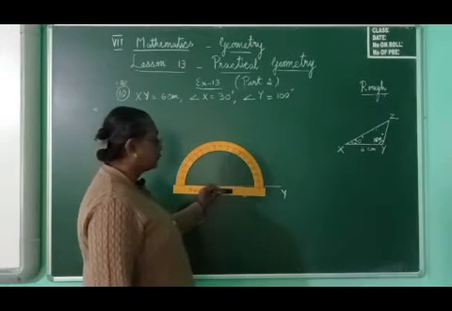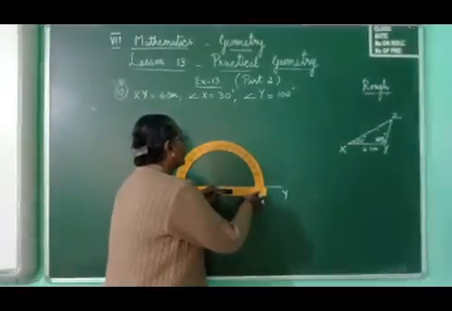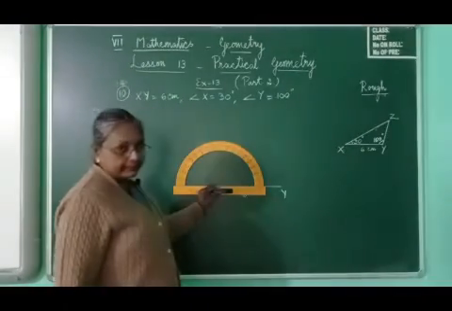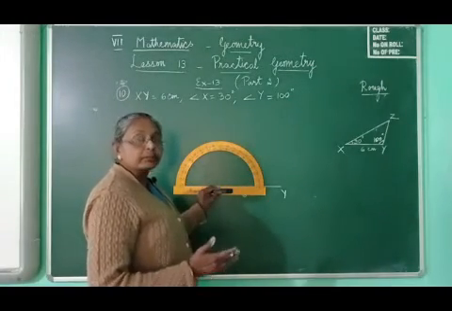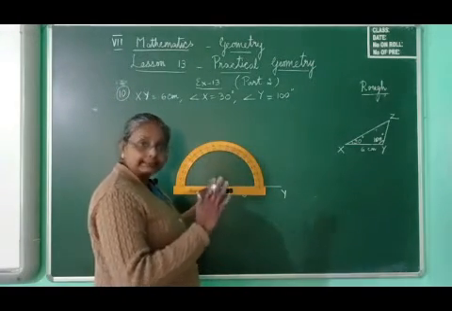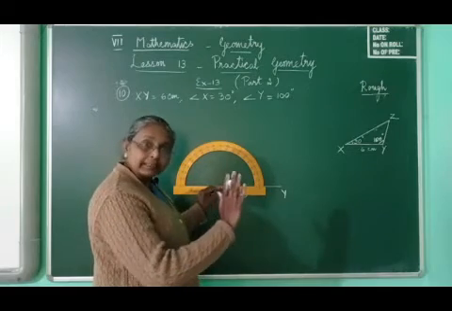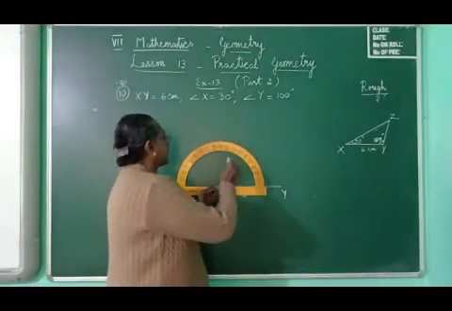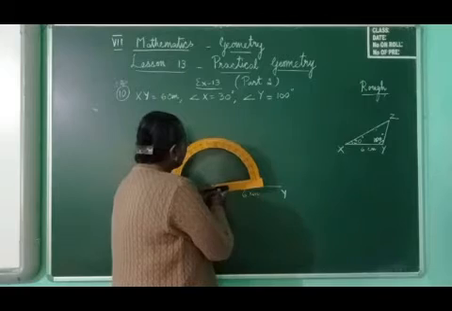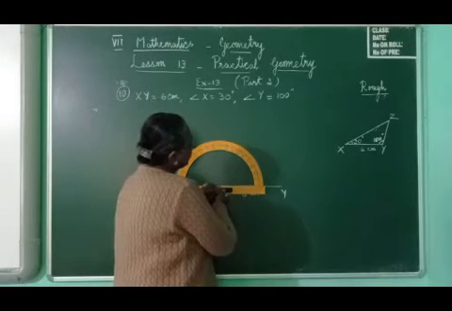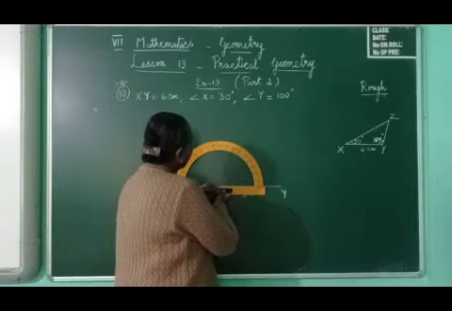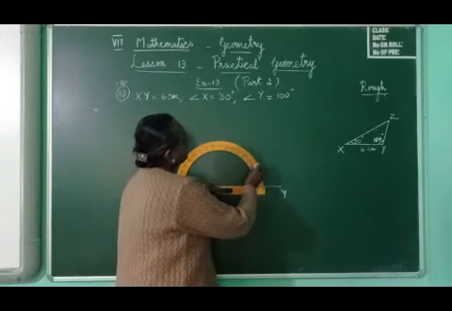So as I told you, we need to first think what type of angle it is, whether it is acute angle or obtuse angle. So if it is acute angle, it should be less than 90 degrees. That means it will be on the right side of 90 degrees as when we draw from X. So right side of 90 degrees, we should see where 30 degrees is.